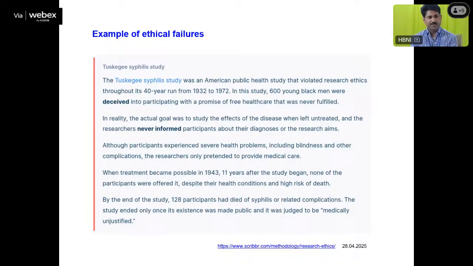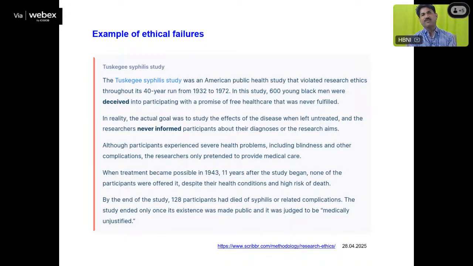When treatment became possible in 1943, 11 years after the study began, none of the participants were offered the treatment, despite their health conditions and high risk of death. By the end of the study, 128 participants had died of syphilis or related complications. The study ended only once its existence was made public and it was judged to be medically unjustified.